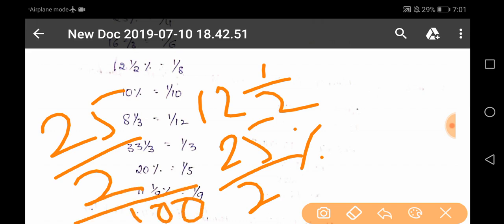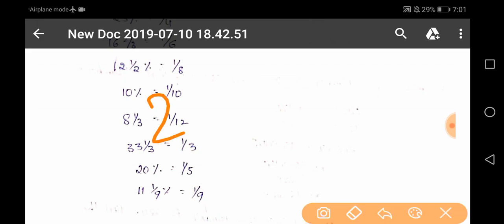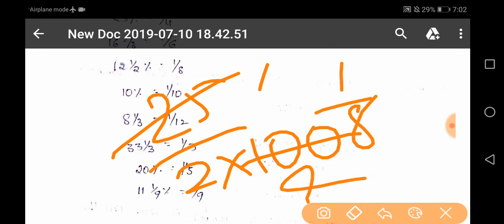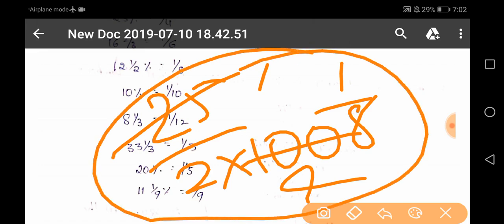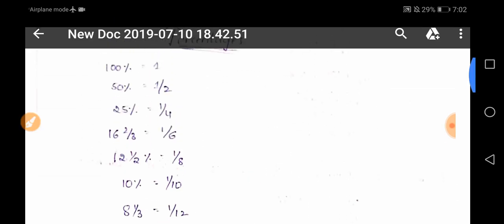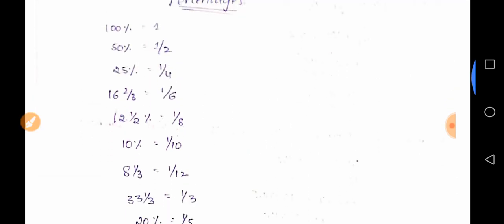So 25 by 2 into 100, 25 ones are 25, 25 fours are 100, it is nothing but 1 by 8. When you remember that 12 1 by 2% is 1 by 8, there is no need to solve this much. So this will help you to save the time you spend on percentages.